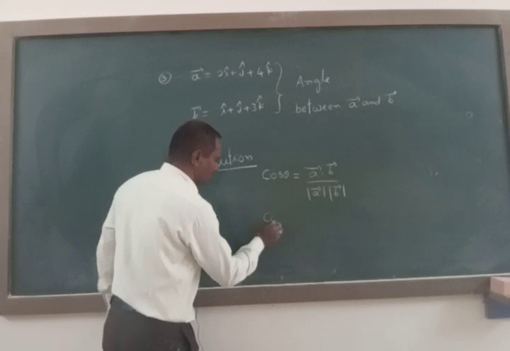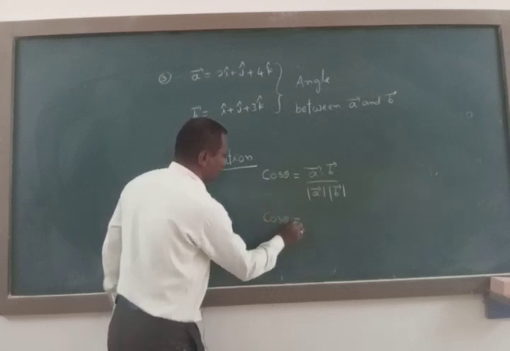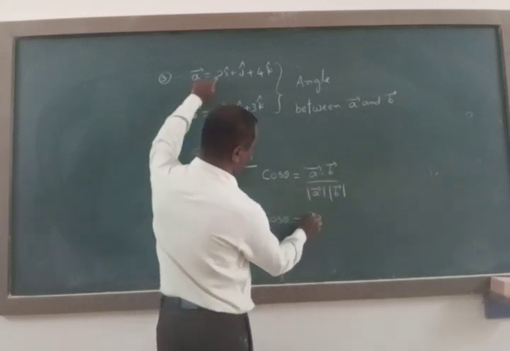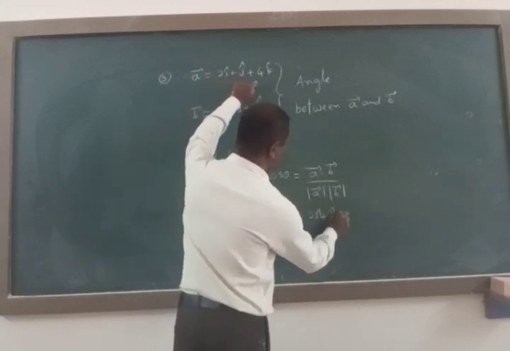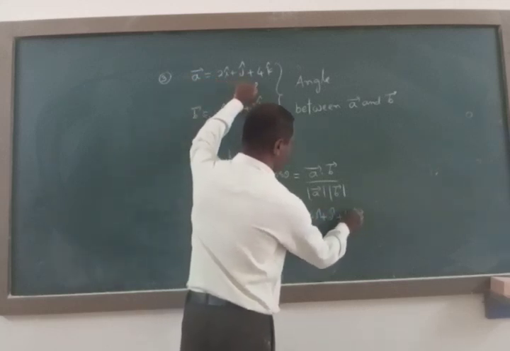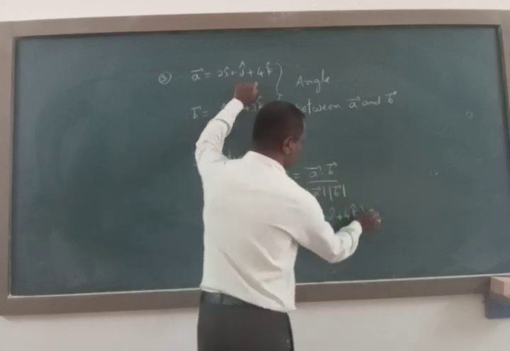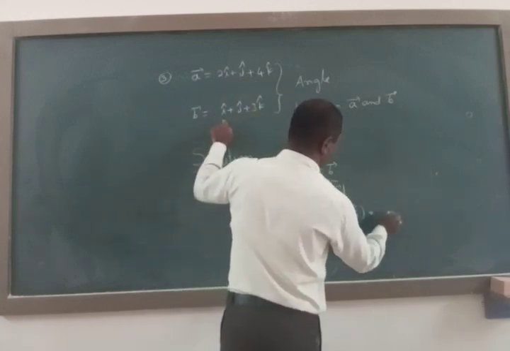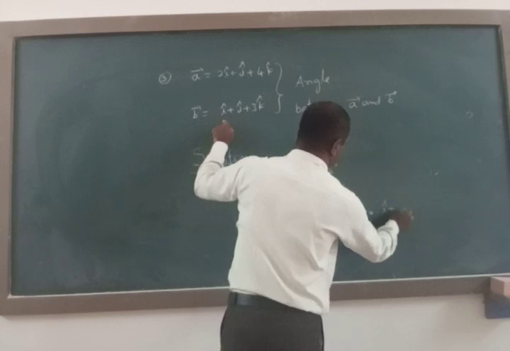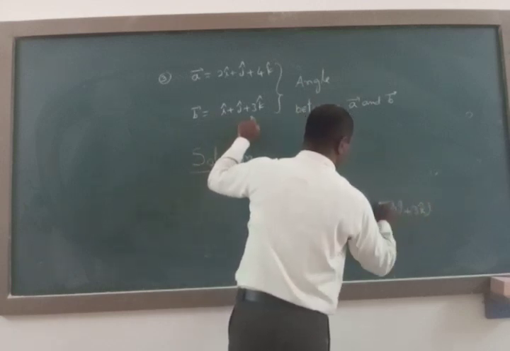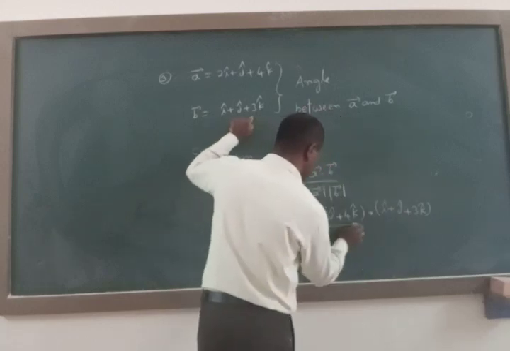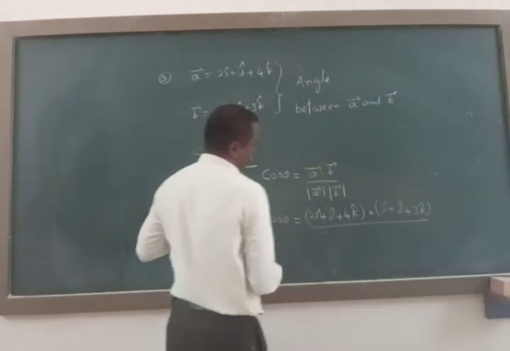That is cos theta is equal to a bar, which is 2i cap plus j cap plus 4k cap, dot b bar, which is i cap plus j cap plus 3k cap, whole dividing by its magnitude.